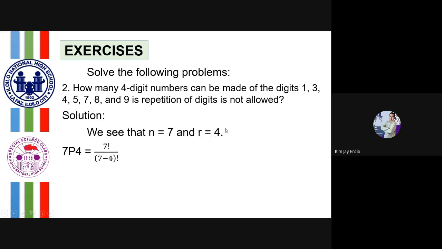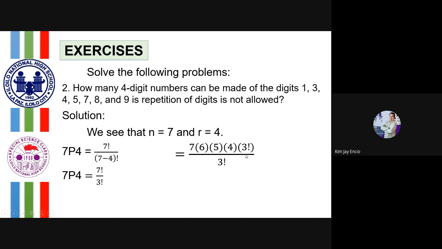So by using the permutation formula again, we have 7 factorial all over 7 minus 4 quantity factorial. This simplifies to 7 factorial over 3 factorial. And by definition again, we could express 7 factorial as 7 times 6 times 5 times 4 times 3 factorial.